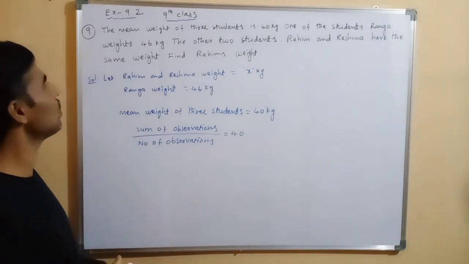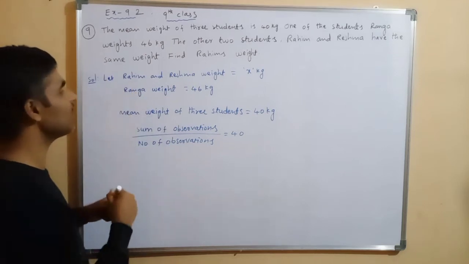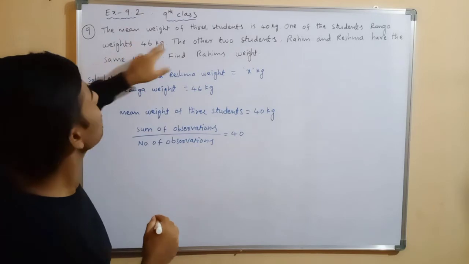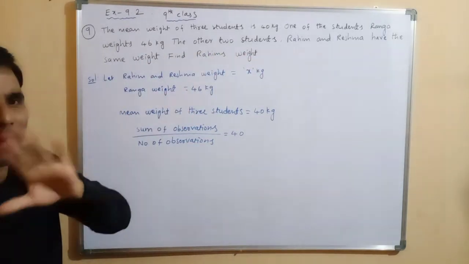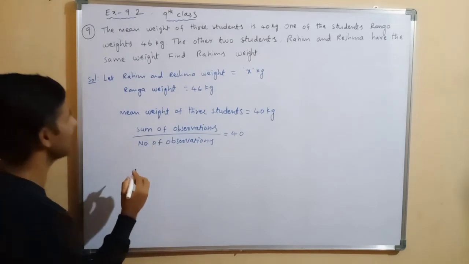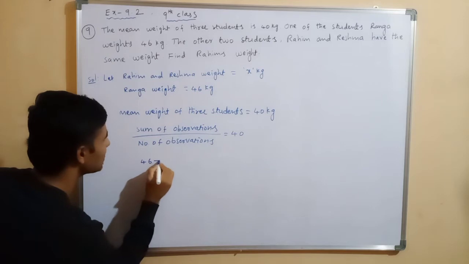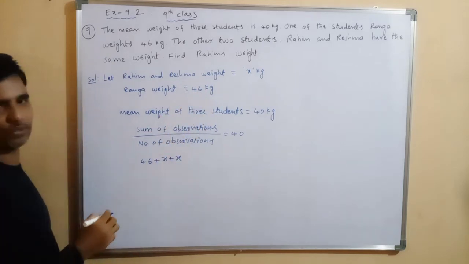One member's weight we know, Ranga's weight only. The remaining 2 members we don't know. So 3 members: one member is 46, the remaining 2 members are x, and another x.